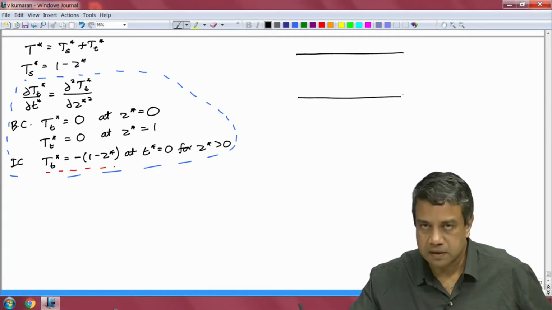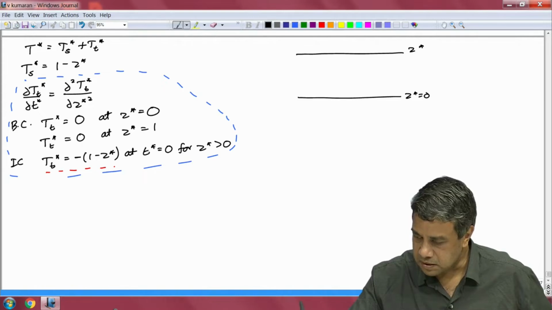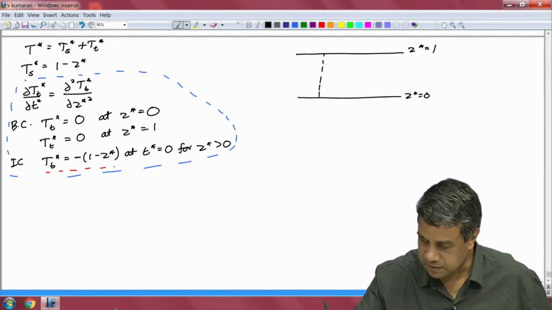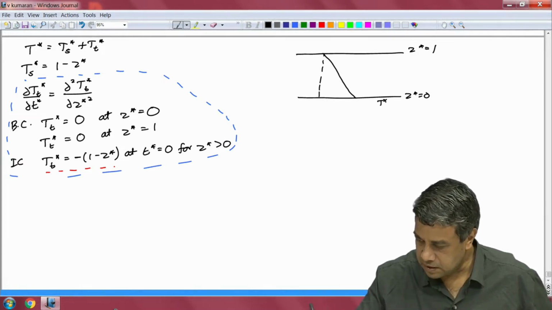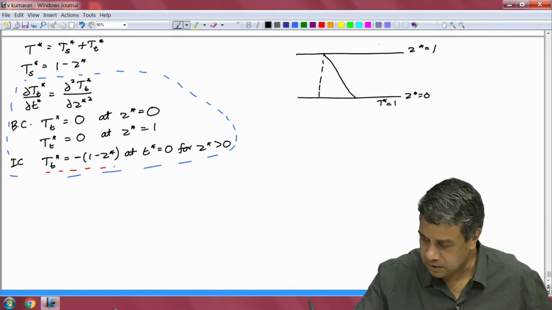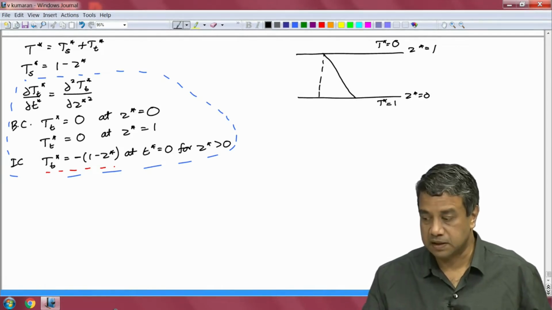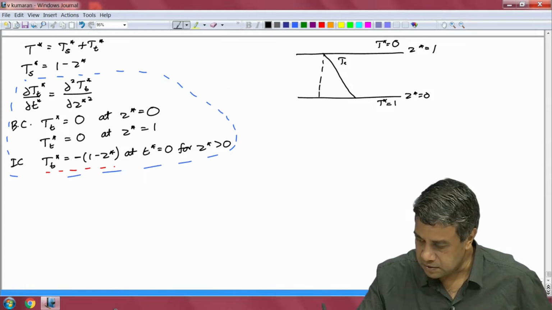I have a domain z star is equal to 0 to z star is equal to 1. If you plot the temperature, T star is equal to 1 at the bottom and T star is equal to 0 at the top surface at z star is equal to 1. This is the steady solution.